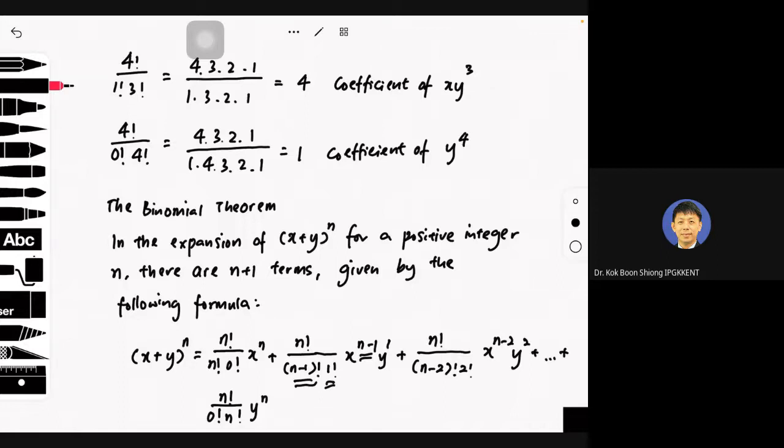Okay, the next one, n factorial divided by (n minus 2) factorial and 2 factorial. And then the final term, n factorial, here the x is to the power 0, so n factorial times y to the n. So this is the general formula for the binomial theorem or binomial expansion.